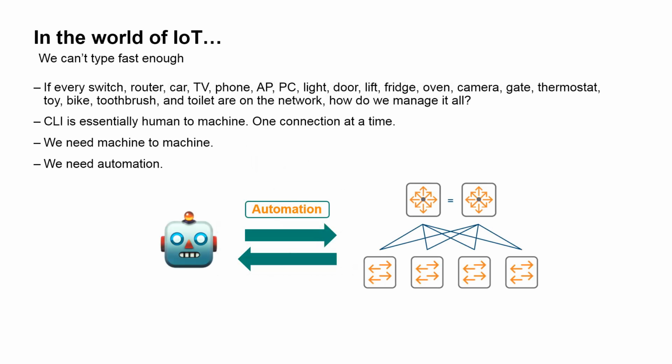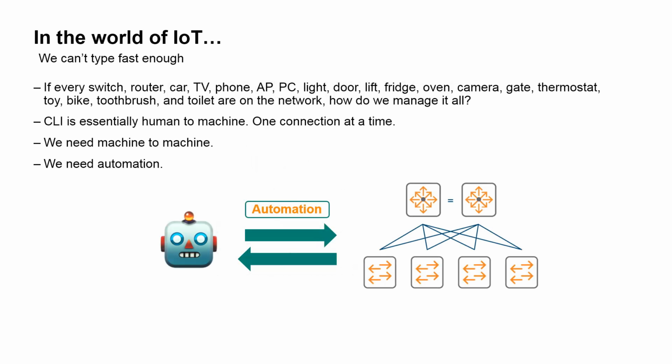Now, as we move into the world of the Internet of Things, when every switch, router, car, TV, phone, AP, PC, light, door, lift, fridge, oven, camera, gate, thermostat, toy bike, toothbrush and toilet are on the network, how do we manage it all? So the CLI for all of these different devices, how are we going to be able to control them if we're doing our two-finger typing and smashing enter 5 times each time we want to just enter a single command?